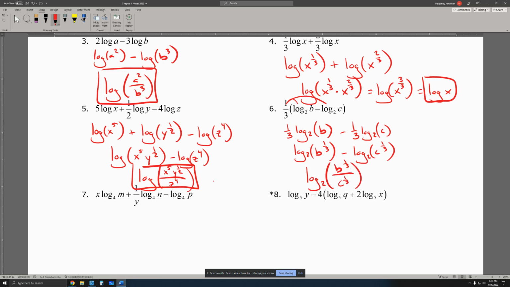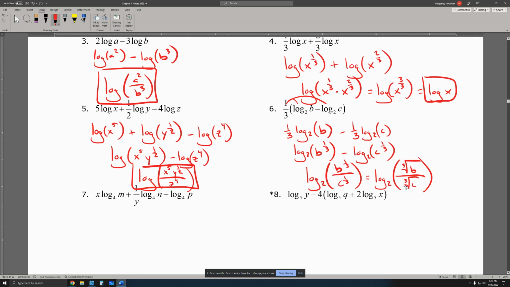Now, if I were to rewrite this using radicals, we would write this as log base 2 of the cube root of b over the cube root of c. We can't have a radical in the denominator here. So in order to get rid of this radical in the denominator, the cube root of c, we have to multiply it by the cube root of c 3 times to get rid of that cube root.